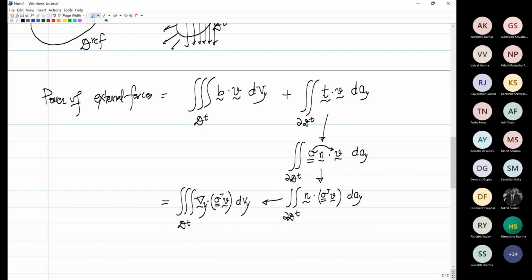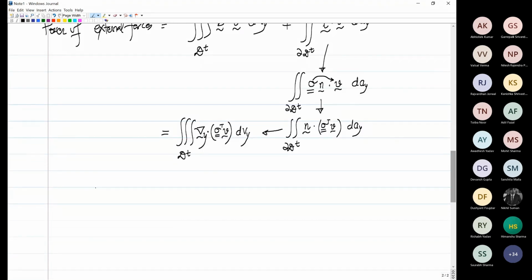What after this? Anyone? Anyone knows how to proceed further? Here this velocity is not a constant, it's changing with y, the current coordinate. So how to proceed further? So obviously we don't know. So you have to therefore switch to indicial notation and work out. So let's switch to indicial notation.